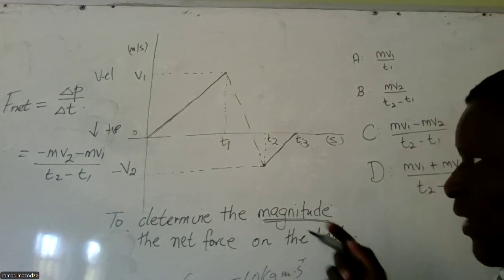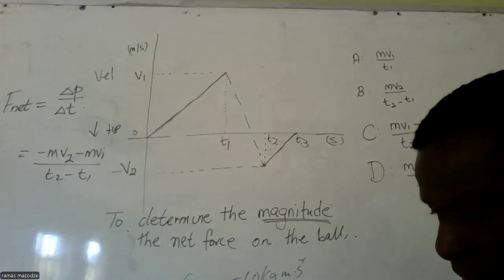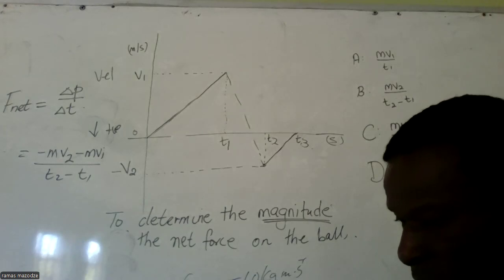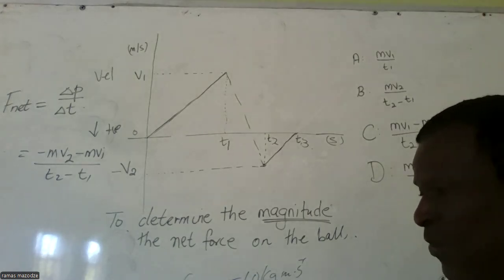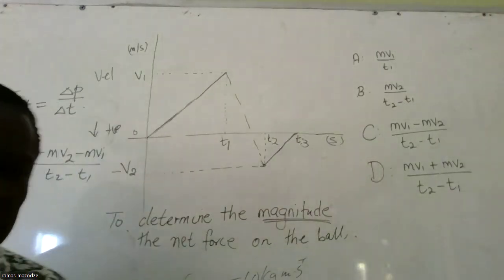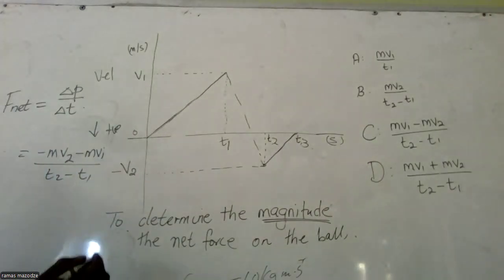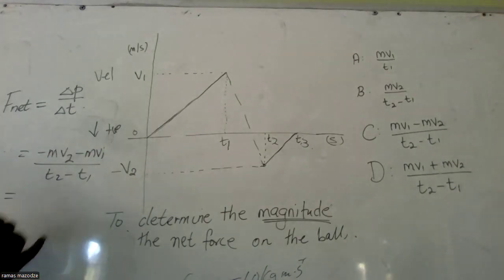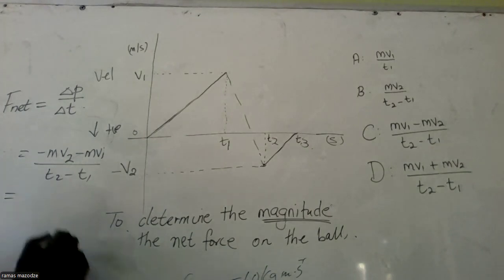That's the reason why I raised this question, so that learners who are preparing for exams can work on it. Mathematically, the only way to get the direction out, because it would be a negative answer here, is to multiply by minus 1.